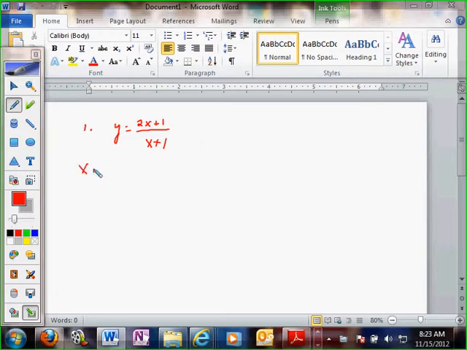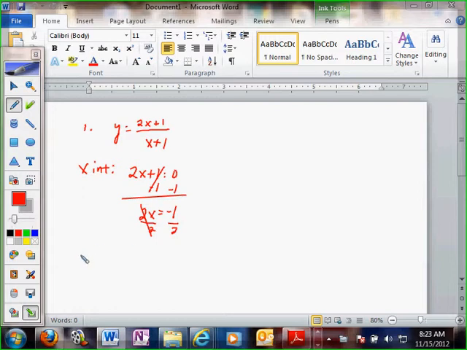To find the x-intercept, I set the numerator equal to 0 and solve for x. So I have 2x plus 1 equals 0. And I subtract 1 from each side, divide by 2, and I get that my x-intercept is -1/2.